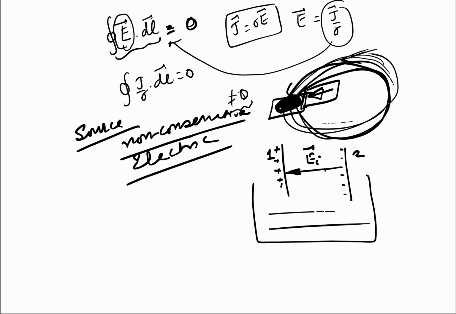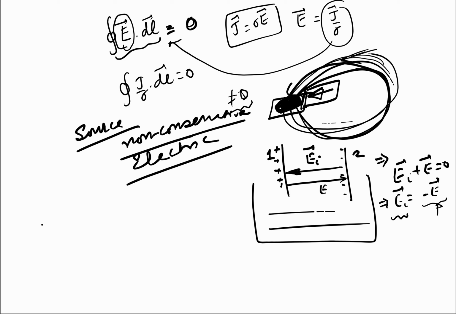Now this accumulation of charge carriers is going to create a field from positive to negative. So this is the electrostatic part of the field. Since, when this battery is open, there is no flow of current, it implies that E_I plus E should be equal to 0. It implies that the impressed electric field, which is non-conservative in nature, should be equal to minus E, which is the conservative field.